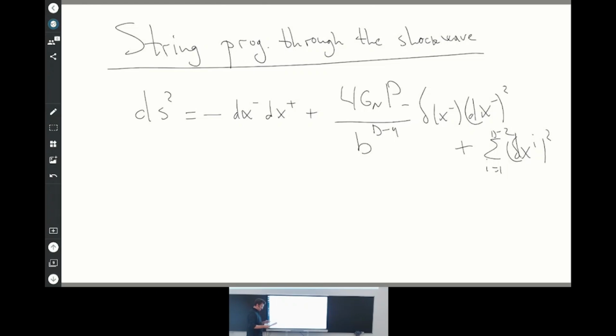What you get is the same S matrix that we had before.